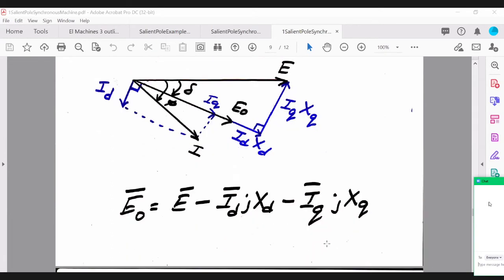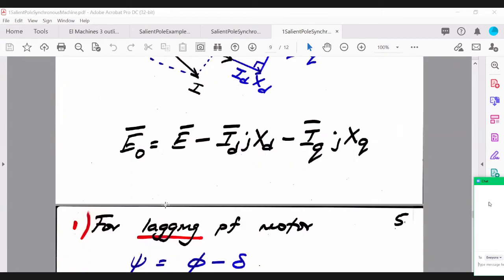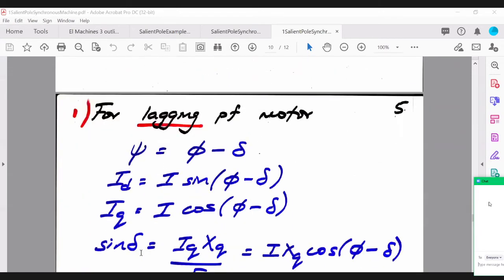So that's in basically vector form. And we will also write the derivation to get the two components, which are Id and Iq, right? And that's, as I said, it's I sine phi minus delta in this case, okay?